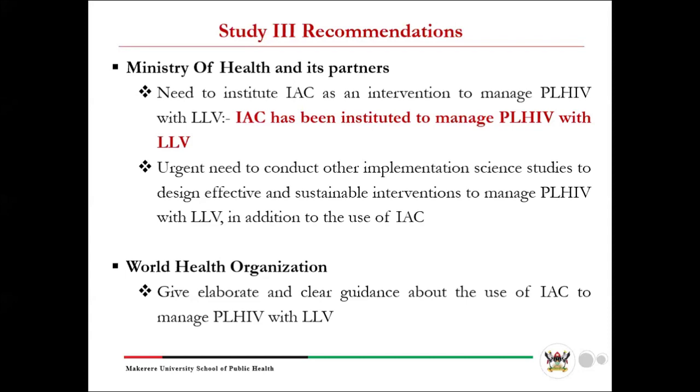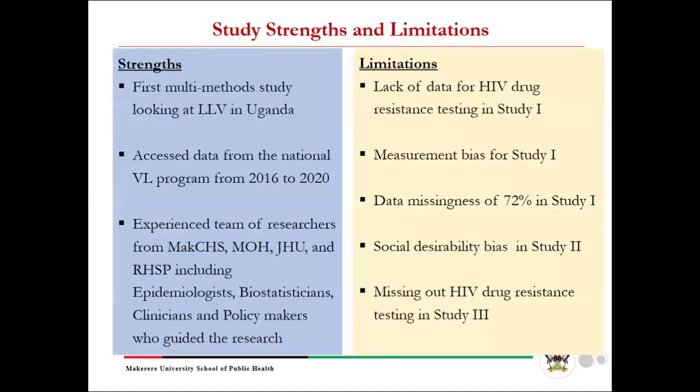But the main question is how long? If someone has it the first time and we counsel them and we retest and they still have low viremia and we continue again, it's cyclic. So to what extent should we think about switching or doing HIV drug resistance testing? So there is need for that clear guidance from WHO to our countries.